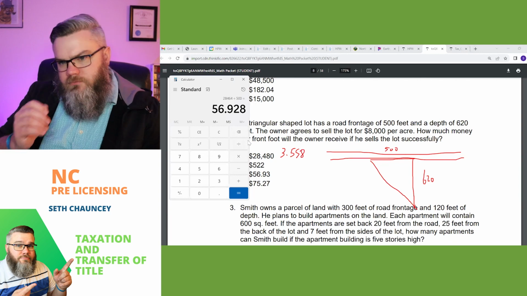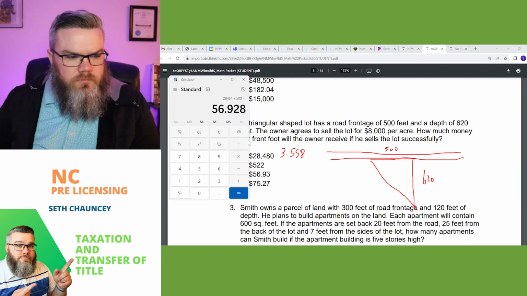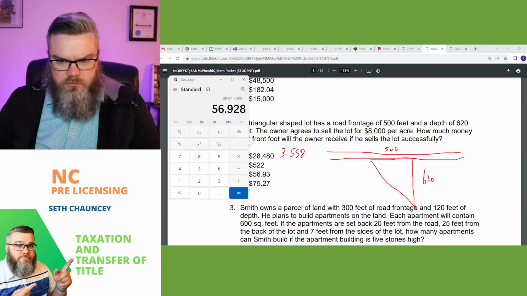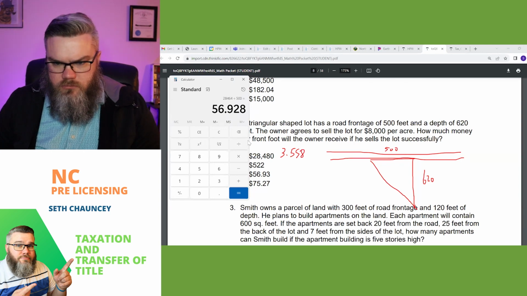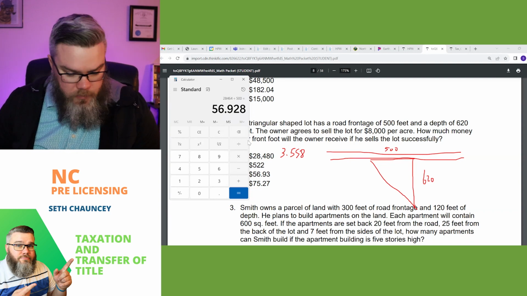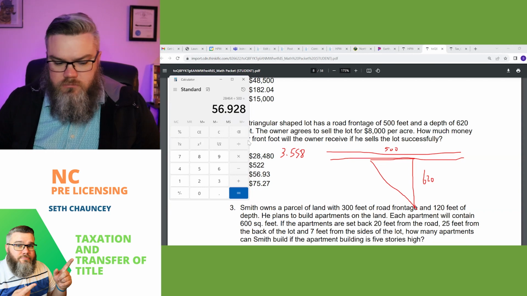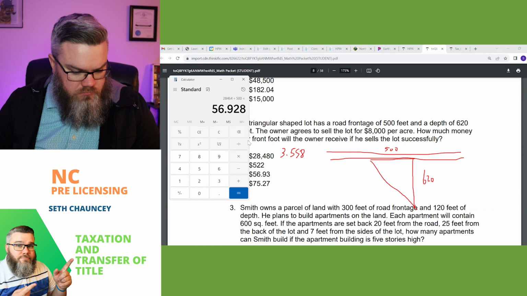So I don't understand, and here's why. I thought that the other information was kind of a misdirect because we already know how many front feet there is. Yep. So we just need to know how many acres that front feet is.